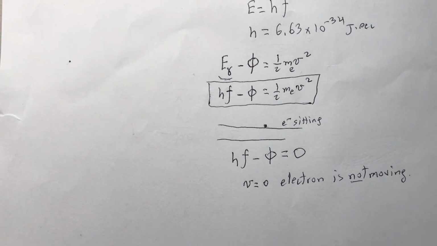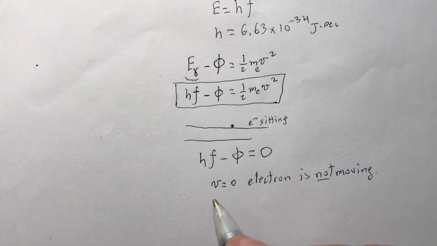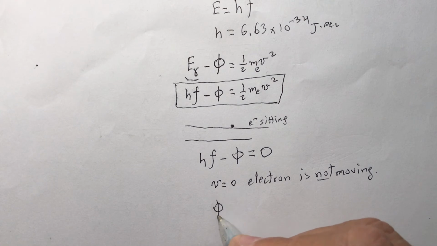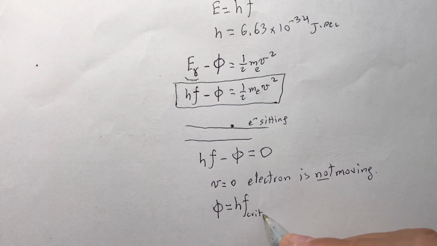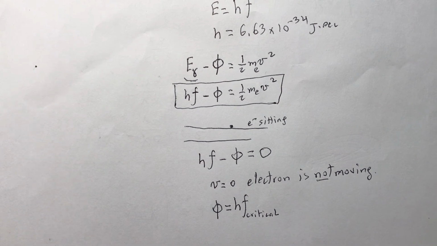The work function, or the binding energy, is equal to h f critical. There is this critical frequency of light that tells you about the binding energy of that electron to the atom.